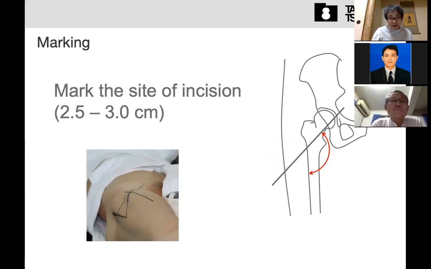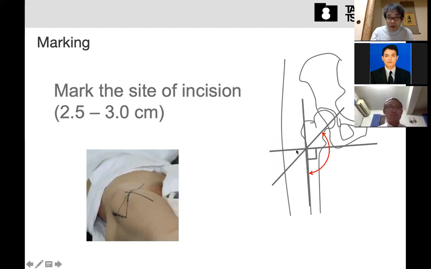Before the operation, I put a wire on the hip, look at the fluoroscope, adjust this portion as the base screw portion, and then draw the line with a skin marker. Next, draw the lateral edge of the cortex, similarly using the pin, and draw the two lines on the patient's skin around the hip.